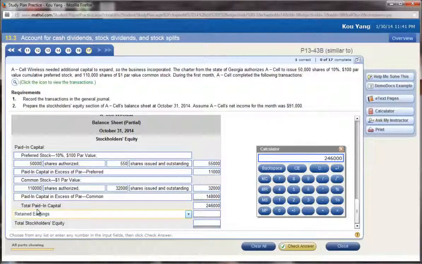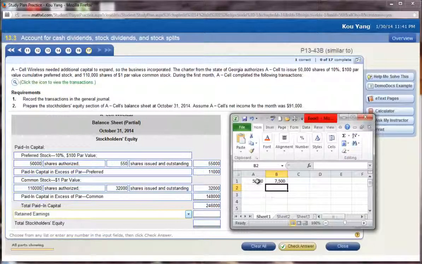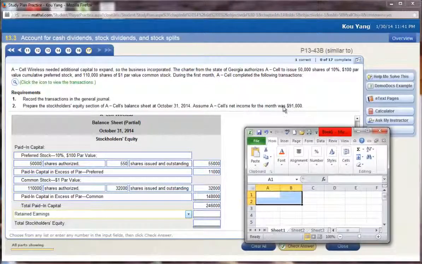And my line here is going to be my retained earnings. And remember how we calculated retained earnings in Accounting 1? Hopefully they taught you. The reason why they gave us the net income is to calculate retained earnings. They didn't give us a beginning retained earnings, so we're just going to take this whole net income of 91,000.